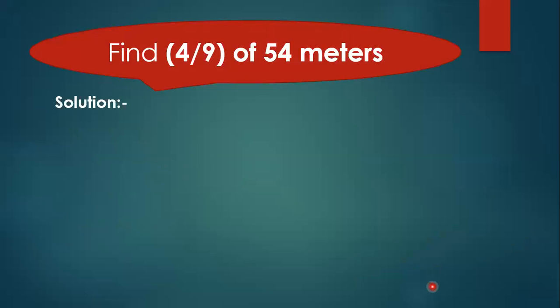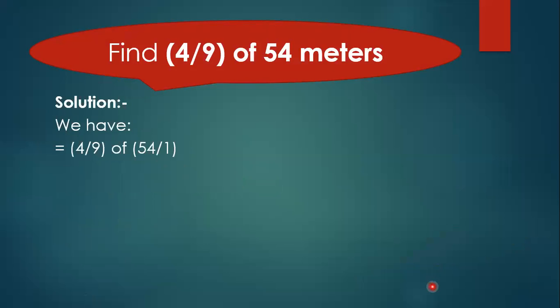Okay, now children, till now we had something by something of a number. Now we could have some part of some meters, maybe some piece of cloth, maybe some kilometers, maybe some weight, maybe some distance, maybe days of a month. It could be anything.